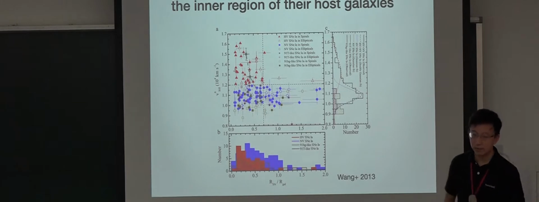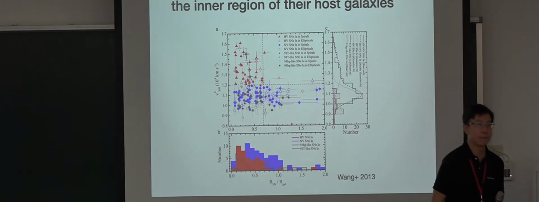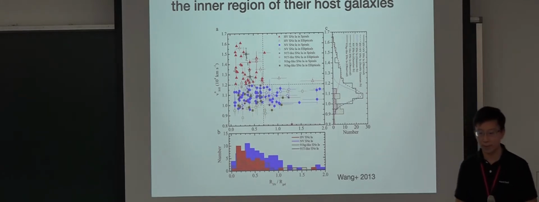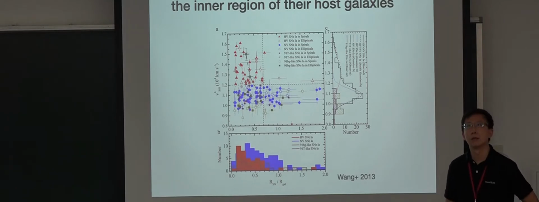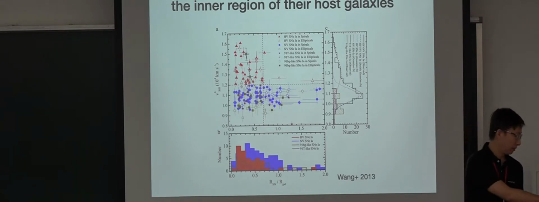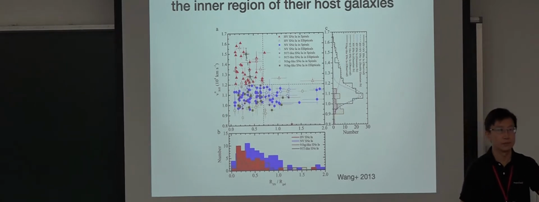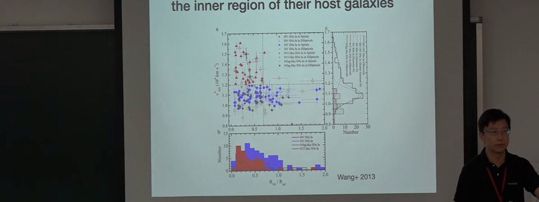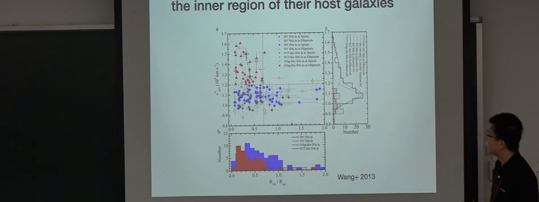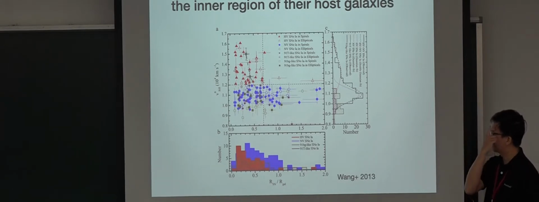This delay time distribution should be sensitive to the initial mass function or the star formation history. There could be multiple populations, but at this moment, by just observing supernovae, it's probably still hard to say how the initial mass function changes these evolution channels.